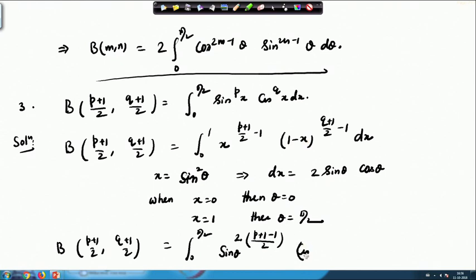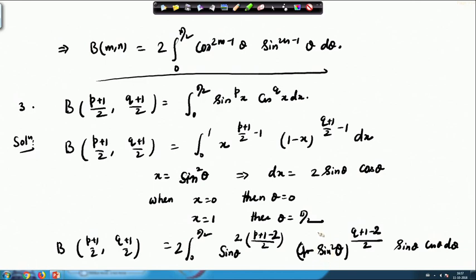For 1 minus x, we will ultimately get a cos here, so q plus 1 minus 2 by 2, and dx is 2 sine theta cos theta. Like the previous example, from here we will obtain cos square theta.